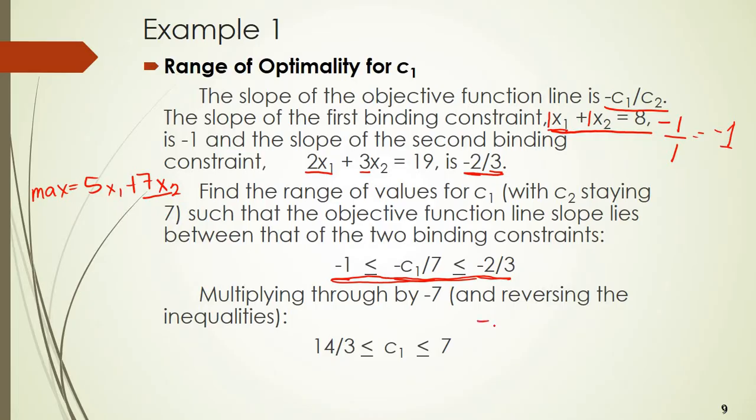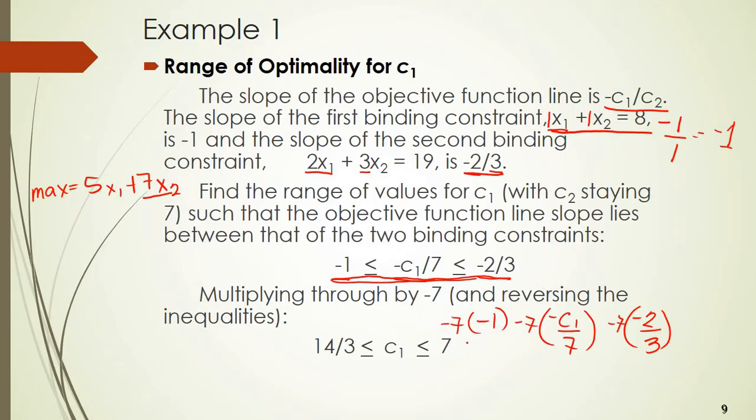So that would be negative 1 times negative 7, and then negative C₁ over 7 times negative 7, and then negative 2 over 3 times negative 7. Oops, I forgot there, negative 7 and negative 7.